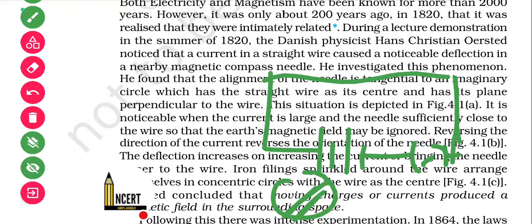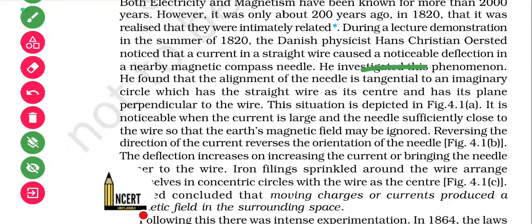And here the journey began, as the relation between magnetism and electricity was established first. He investigated the phenomenon and found that the alignment of the needle is tangential to an imaginary circle which has the straight wire as its center and is in a plane perpendicular to the wire.